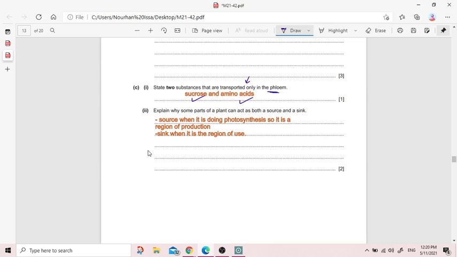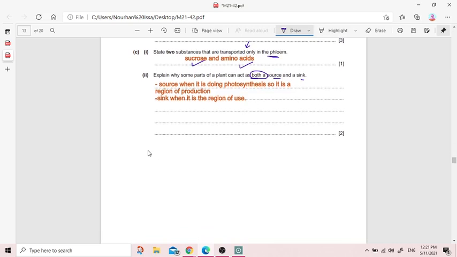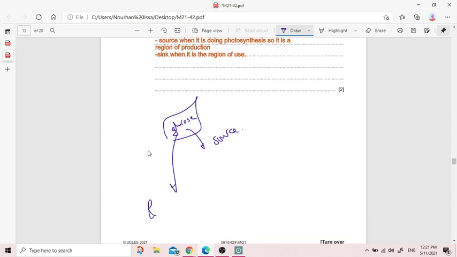Why can some parts of a plant act as both a source and a sink? Why does this happen? According to the case, for example, in summer, when there is a lot of light, the leaves carry out photosynthesis and produce glucose. In this case, the leaves are a source. Some of this glucose goes to the roots and is stored there.